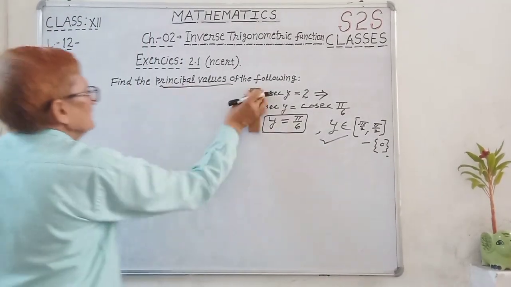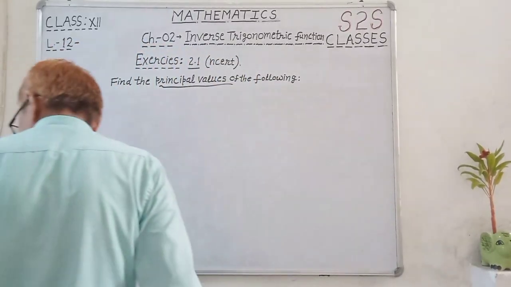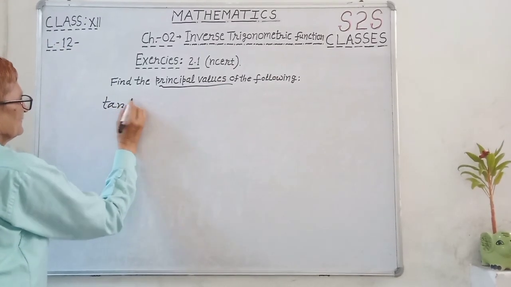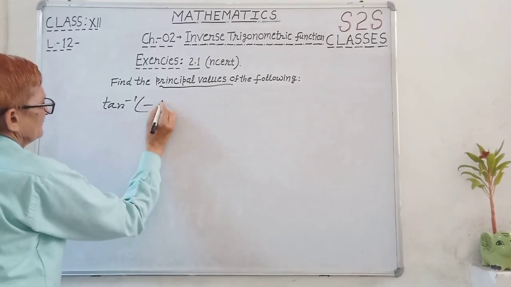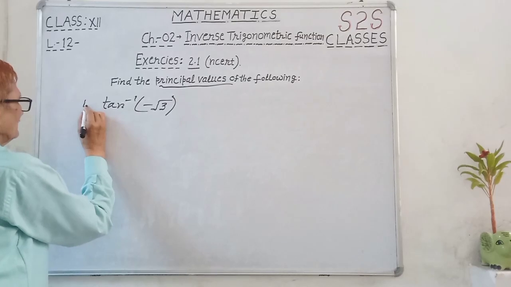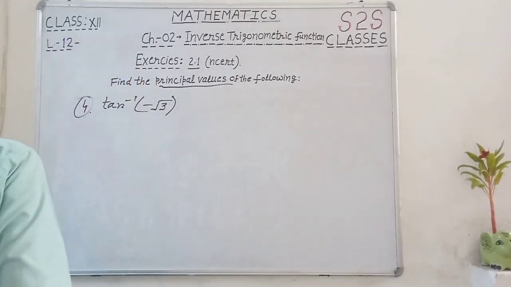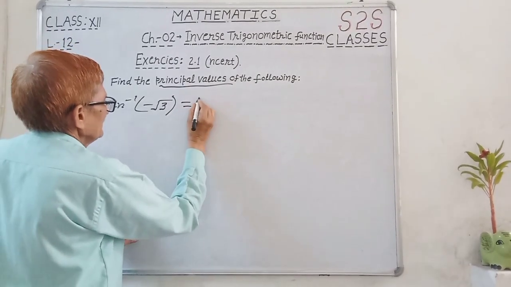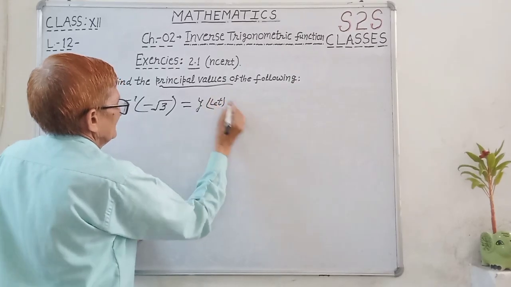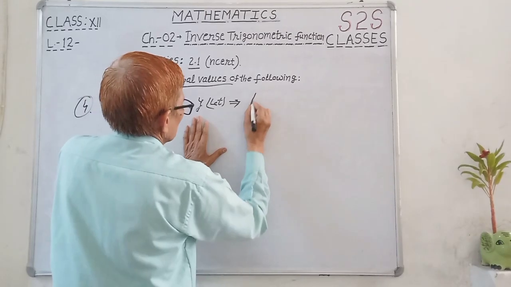Fourth, tan inverse of minus root 3. Let it be y. This implies, similarly, tan y is equal to minus root 3.